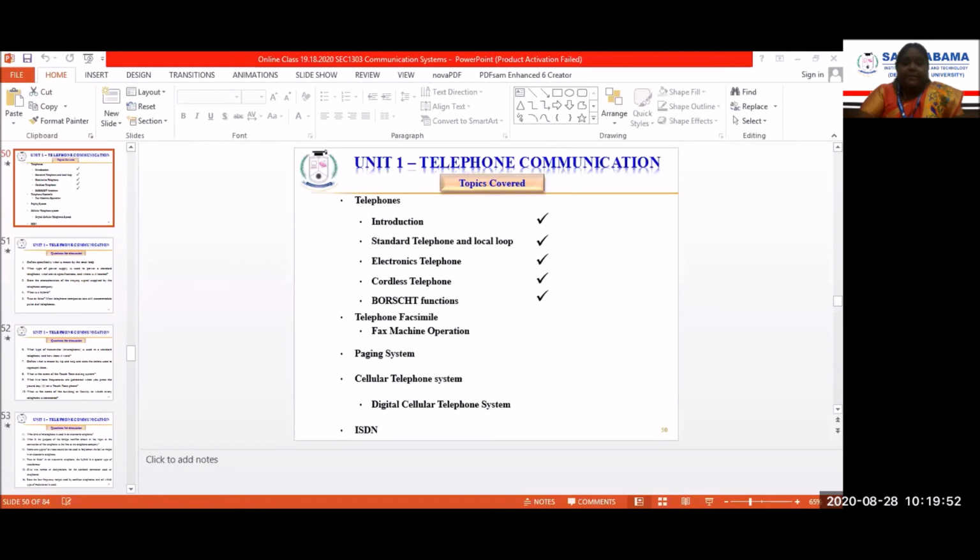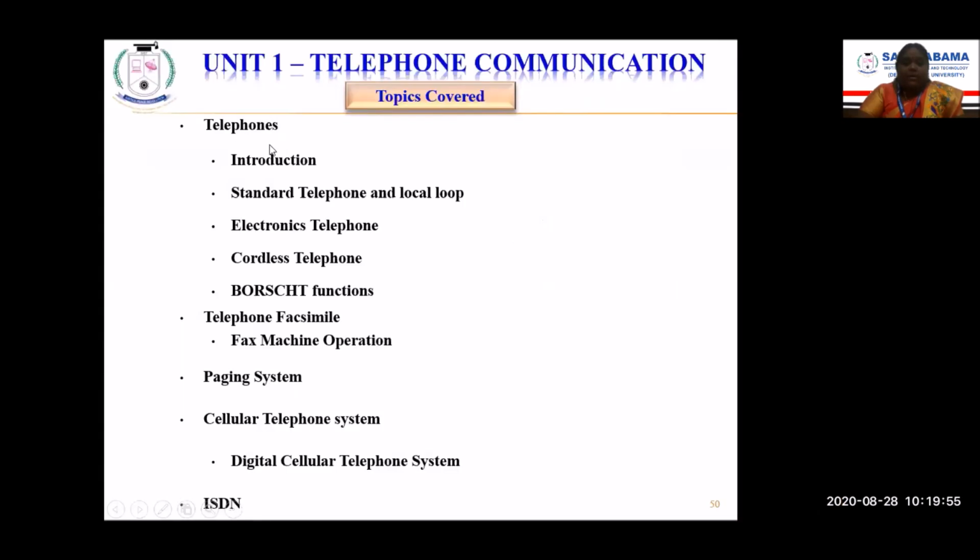So what are the topics covered so far in the first unit? We have seen the introduction, the standard telephone and the local loop, the electronic telephone, and the cordless telephone. Based on the BORSCHT functions, we have seen the different functionalities provided by the SLIC, the subscriber line interface circuit, and the telephone facsimile and the fax machine operation.